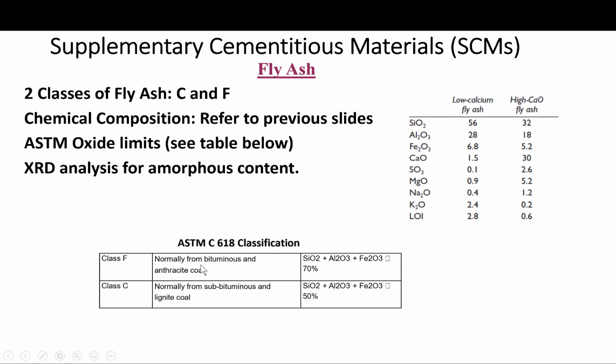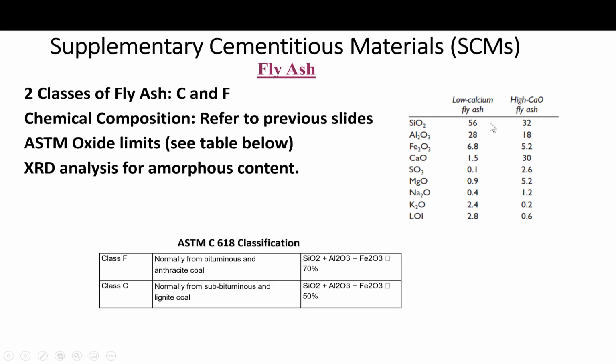Class F is normally from bituminous and anthracite coal, and these are the chemical limits: SiO2, Al2O3, Fe2O3, 70%. For Class C, 50%, normally from sub-bituminous and lignite coal. And these are the oxide, or chemical, compositions in general.